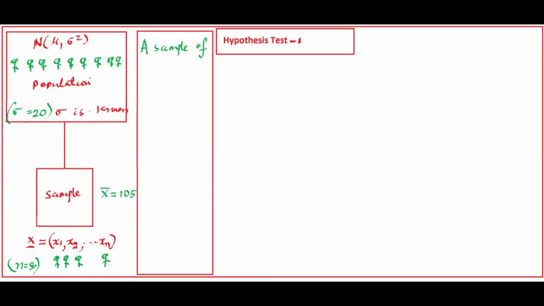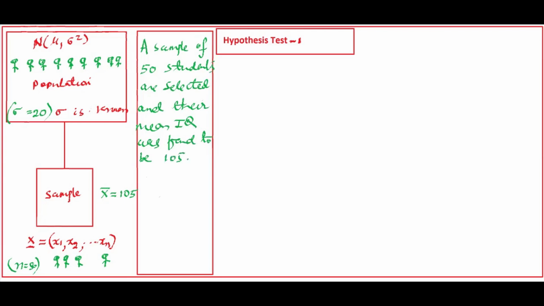So a sample of 50 students, and their mean IQ was found to be 105. Sigma is given 20. Let me write this way only. I don't have space here.